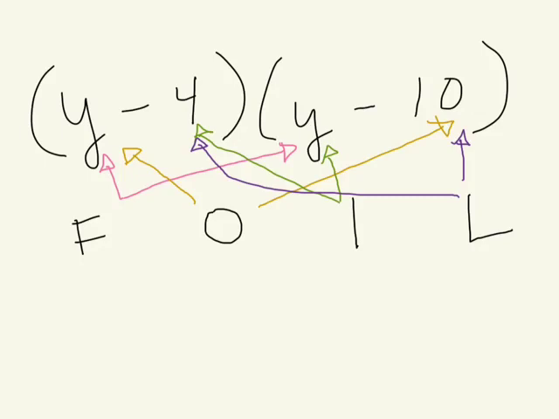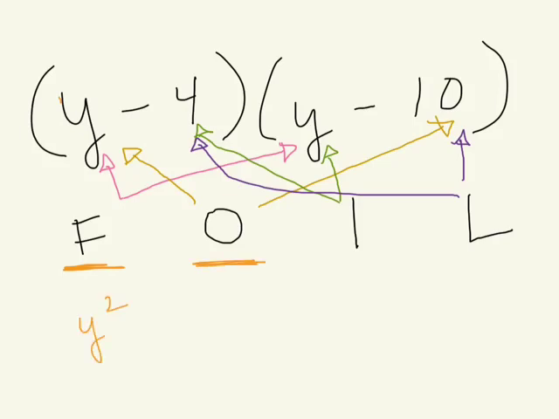So let's see what this gives you. First terms right here. When we multiply the first terms, this y times this y, y times y is y squared.